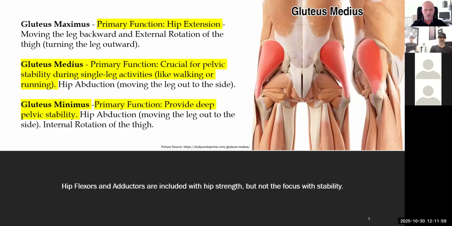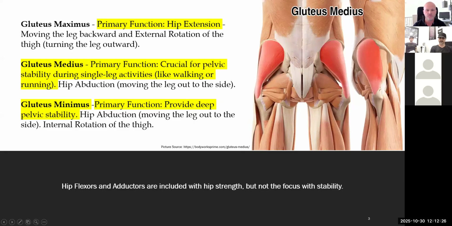Without overwhelming you with too much information, the main ones we really want to focus on here are the glute medius and the glute minimus, okay? There are 3 of these muscles. However, if you look closely at the glute minimus, which is the picture here, you can see that it connects right onto that femur, and that's a key part of this presentation.